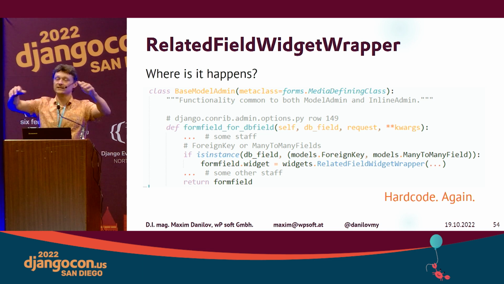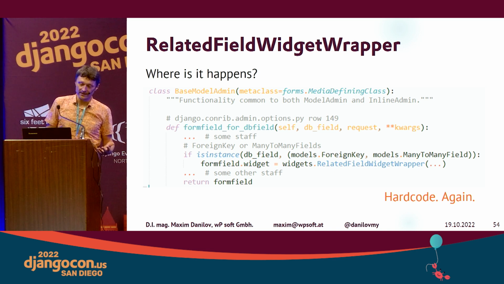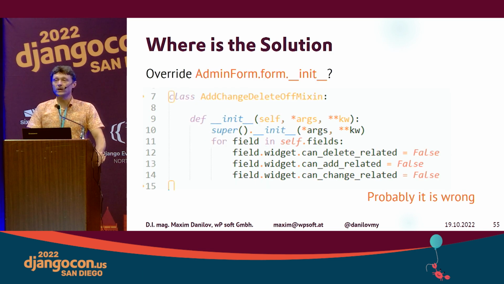every widget is wrapped in a related field widget wrapper, and we cannot override it. Why? It's not easy to change it. It's hard-coded. Okay, hard code again and again. How can we change it?